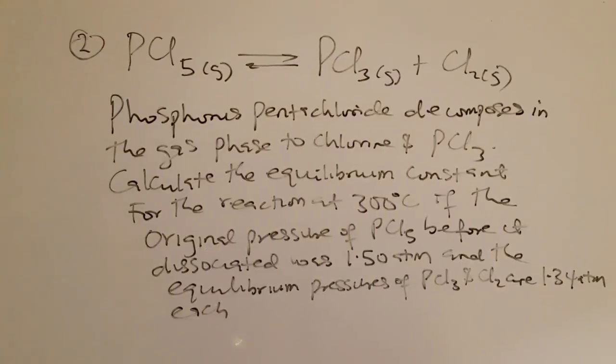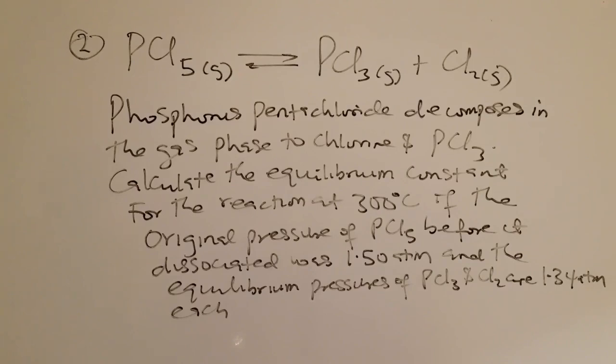Look at the next question, which involves the decomposition of phosphorus pentachloride to give us phosphorus trichloride and chlorine, all in the gaseous phase. The question says phosphorus pentachloride decomposes in the gas phase to chlorine and PCl3.